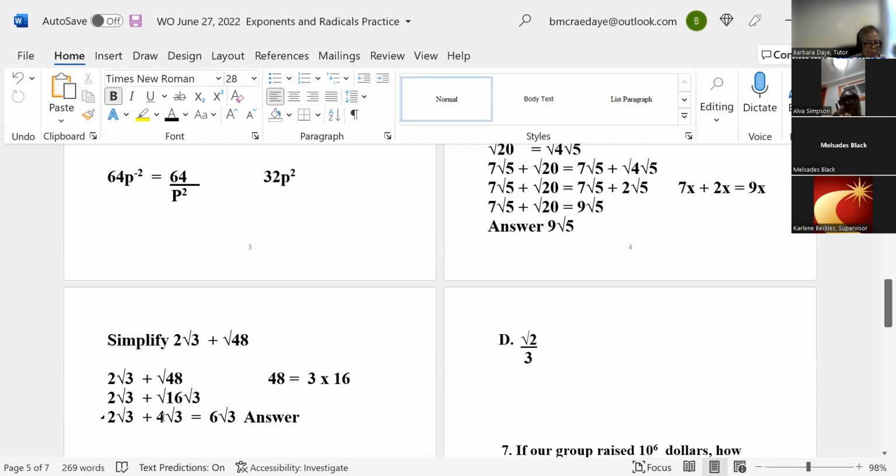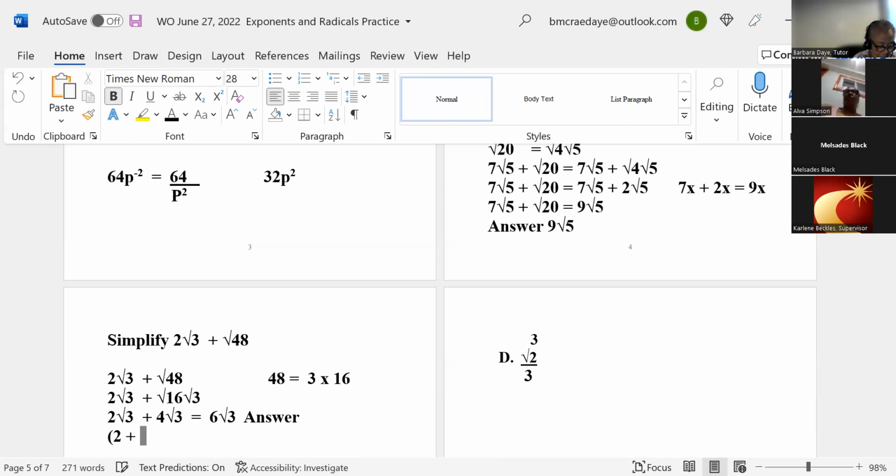Got it? Yes. This is the same as saying, if this was 2 plus 4, and I put that in front of the square root of 3.